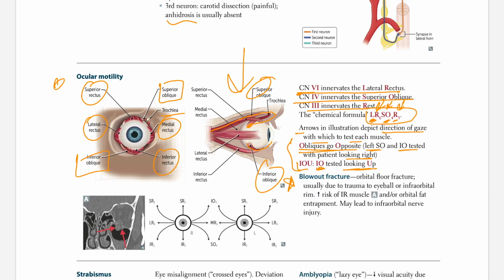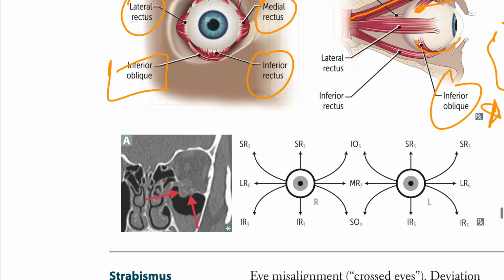But more important here is this blowout fracture. Simple but important. It is an orbital floor fracture, usually due to trauma to the eyeball or infraorbital rim. Taking a look at this picture, this is the eyeball.